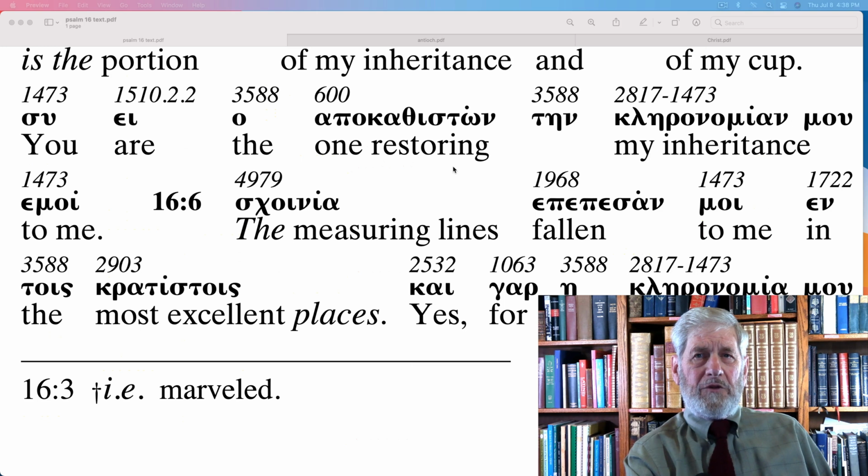Now, his inheritance could have been something that was questionable, because he was fighting against King Saul, and King Saul could have very well killed him, but yet the Lord delivered him and gave him the inheritance, which was the king of Israel. That was his inheritance.